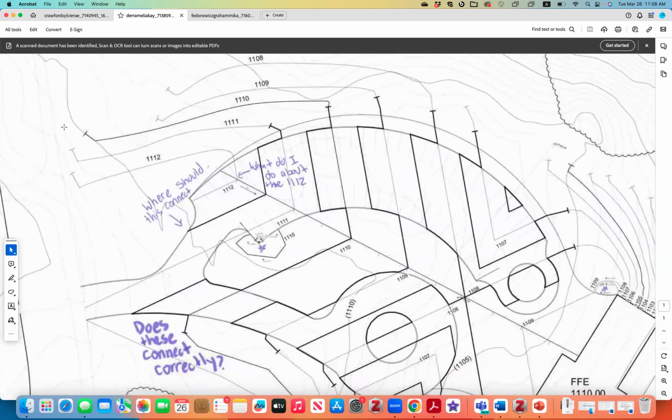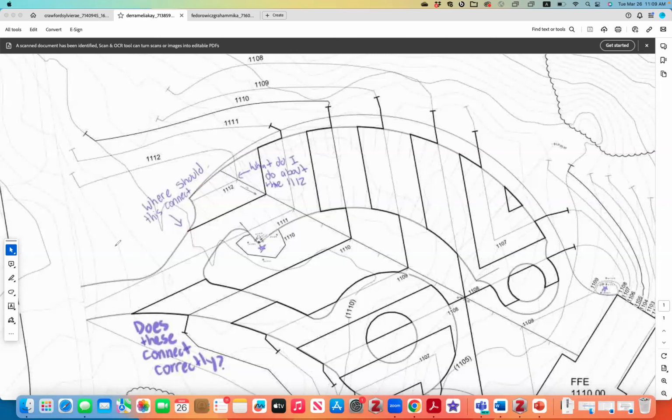You don't have a 1112 on the parking lot anymore. So your 1112 basically just goes along the curb, and then connects to where? Let's see. I'm trying to figure out where your 1112 was on this side.